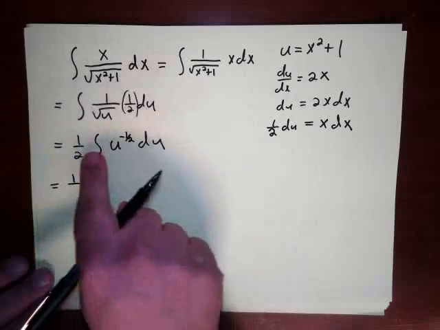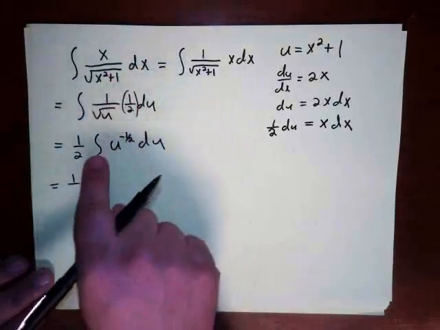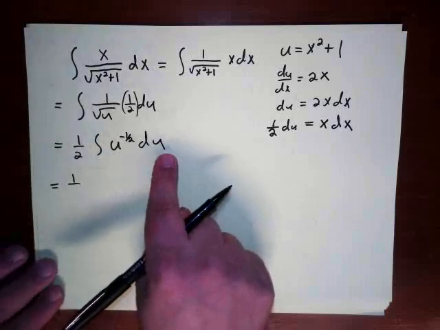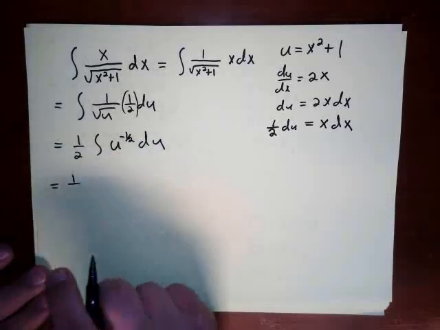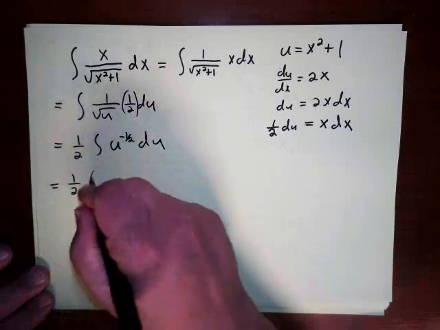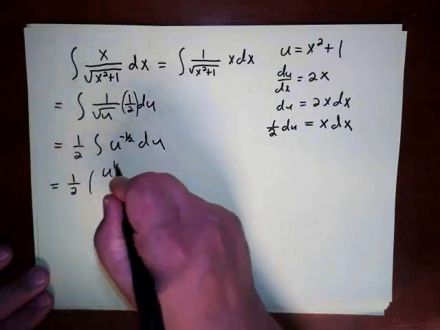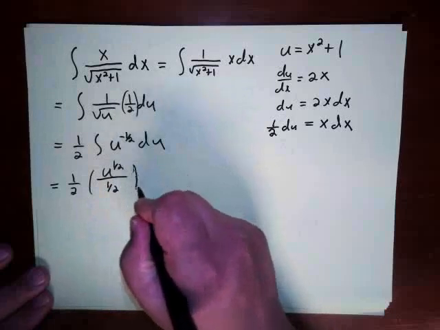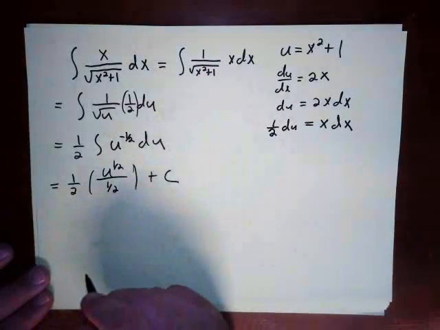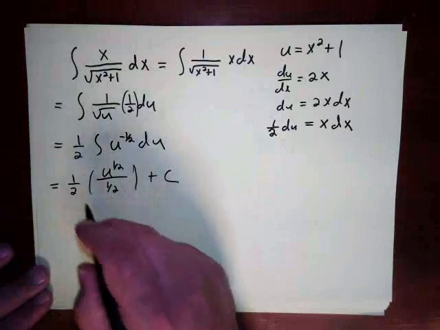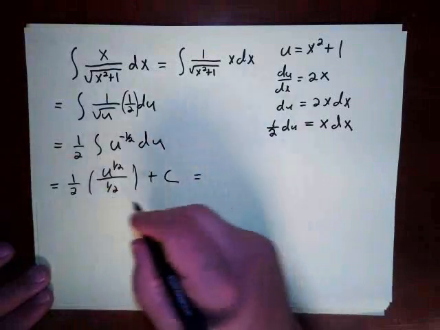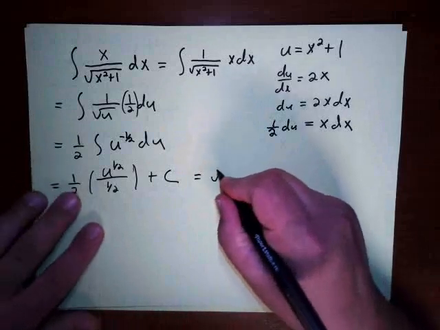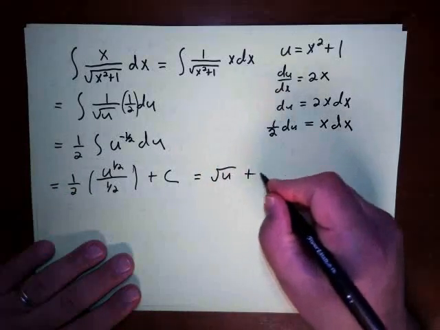Notice how it just simplifies this complicated thing to something very simple, with a variable of u. And so then I have the 1/2, and then using the power rule, this would be u to the 1/2 over 1/2, right? And it would be all that plus c. Then I can invert and multiply, this 1/2 cancels this one out, and I'm left with just the square root of u plus c.